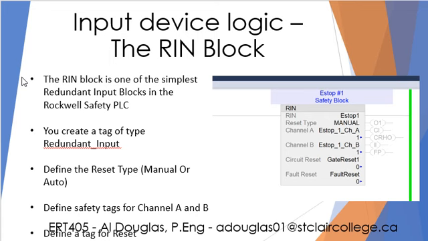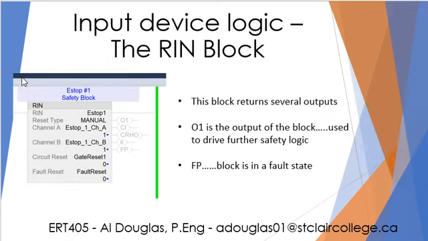We have our channel A and channel B. That's the two inputs from the actual device itself, the dual channel inputs. We have a reset. If we're going to do a manual reset, we need a safety tag to do the resetting. And then we have a fault reset as well. If this block were to actually fault out, we need a tag to do the fault reset.